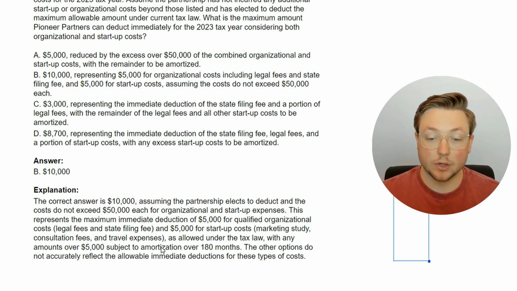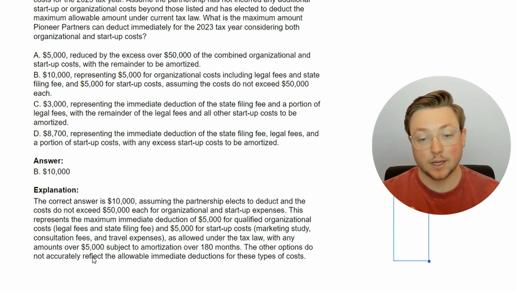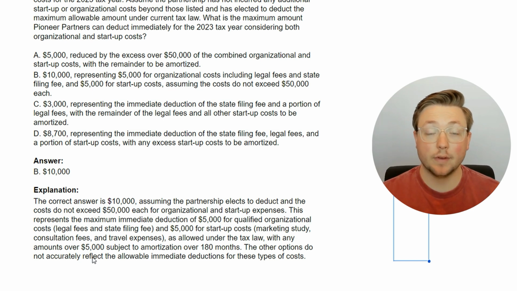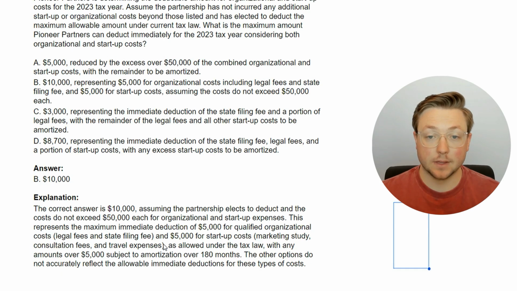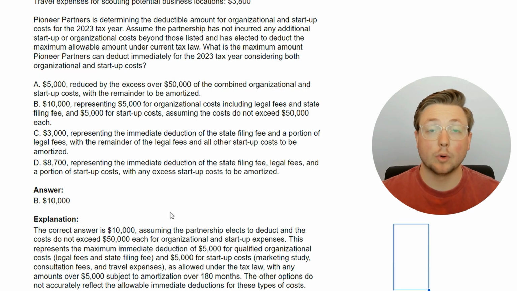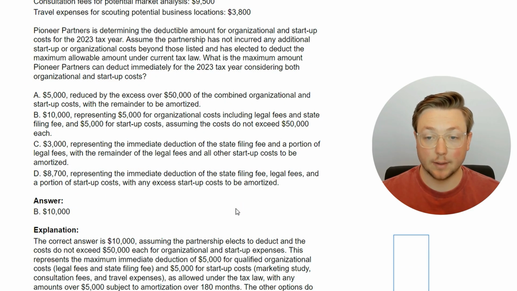And obviously, we also know, it didn't state this here, but over $5,000, it can be amortized. But if it's over $50,000, that immediate deduction starts getting reduced. So that's something that we can remember from that. All right, before we go any further, let's do one more part of the process, which is pillar topics.